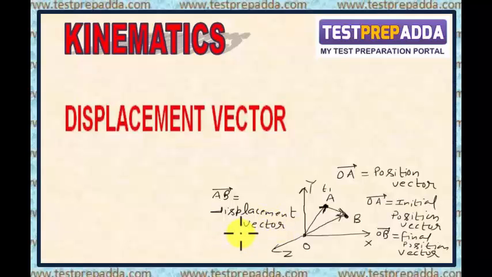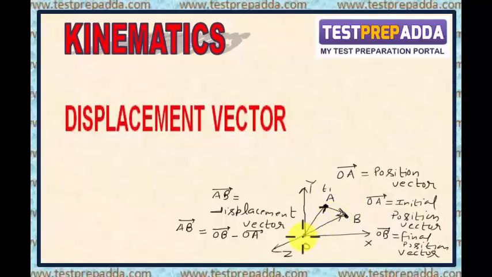Now recall the chapter vectors. There we did the vector addition. Here you can say vector OA plus vector AB is equal to vector OB. So to get vector AB, what will you do? Vector AB, that is the displacement vector, can be obtained by OB minus OA.